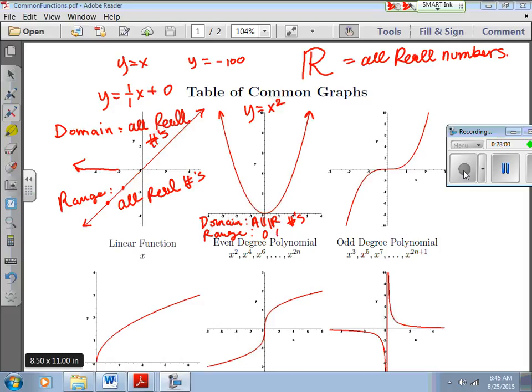Up. 0 to positive infinity. Infinity means what? Forever. So 0 to positive infinity. Does everybody see that the range is from here, and it just keeps going up that way?